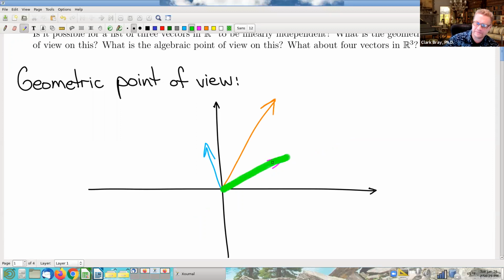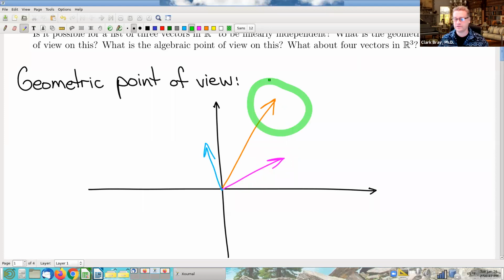It's a little bit more than 1 multiple of the purple vector, plus a little bit more than 1 multiple of the second vector. So this orange vector is a combination of the first 2. This is not an independent list.